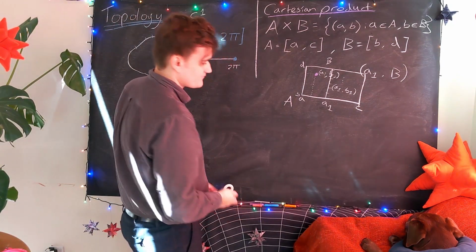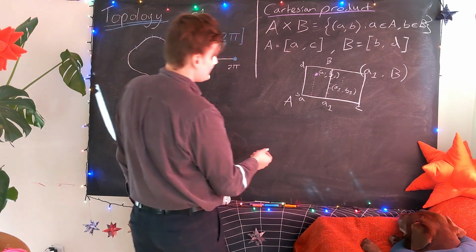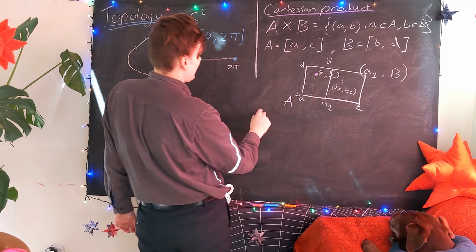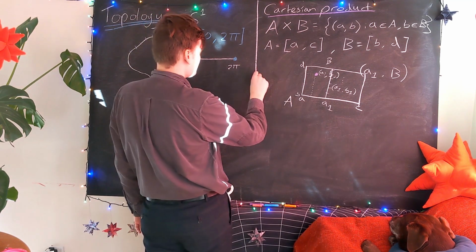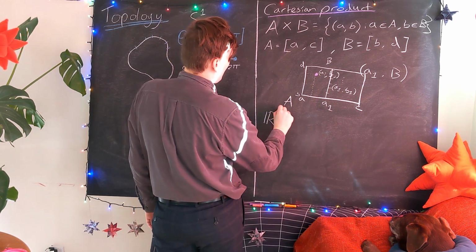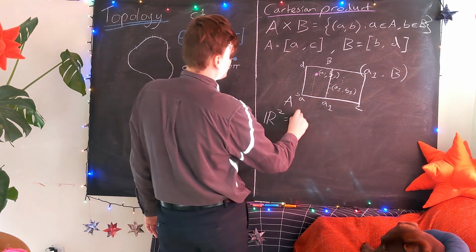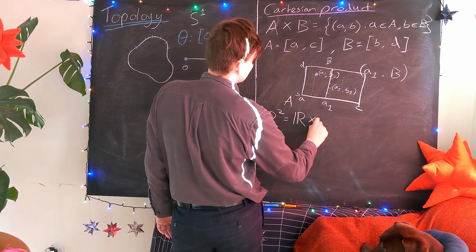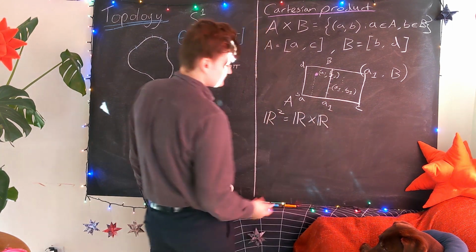Another useful bit of intuition to think about this: if we think about Cartesian coordinates now, or the Cartesian plane, we know that this is the set R2, which is just the Cartesian product of two real lines.